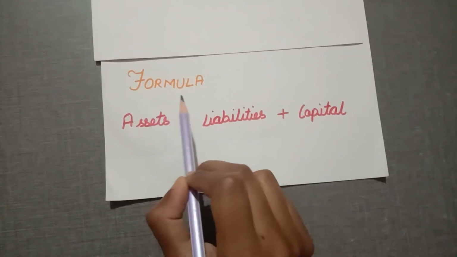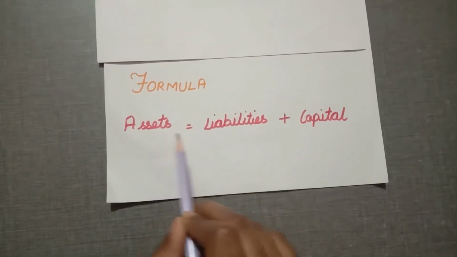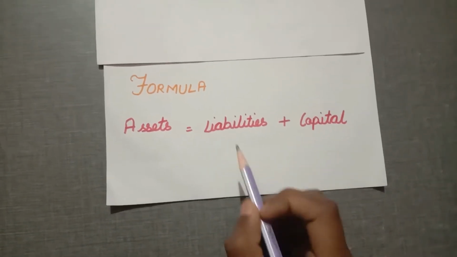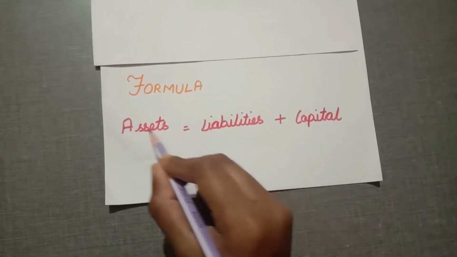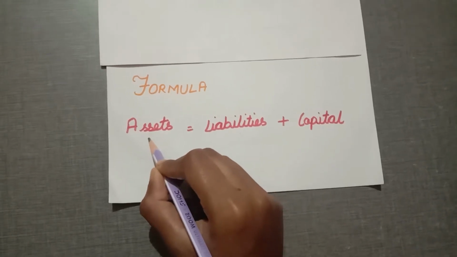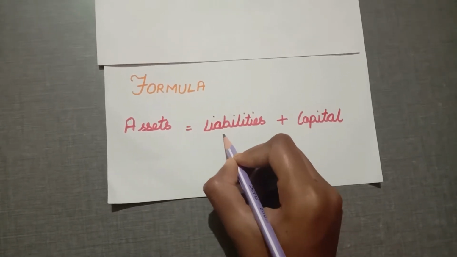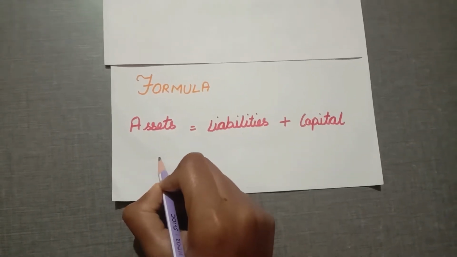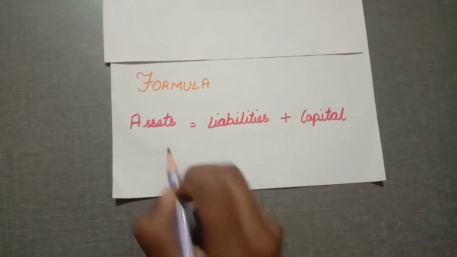The formula for the accounting equation is assets equal to liabilities plus capital. While adding the liabilities plus capital, we would be getting the asset value, that is, LHS is equal to RHS.